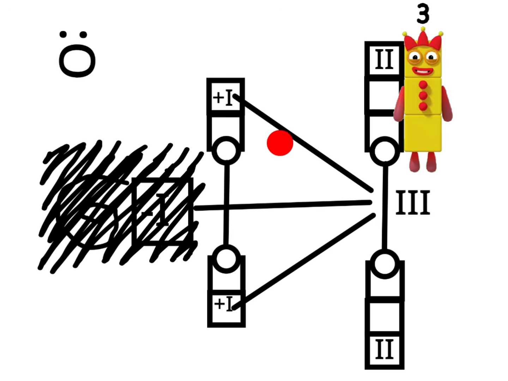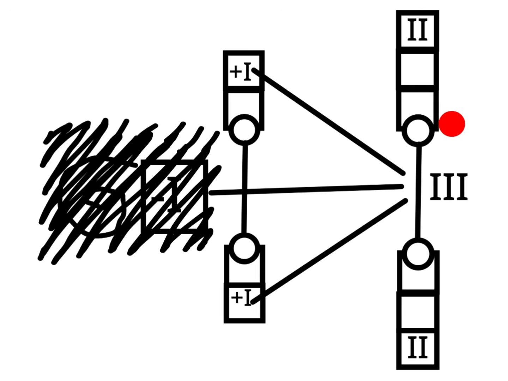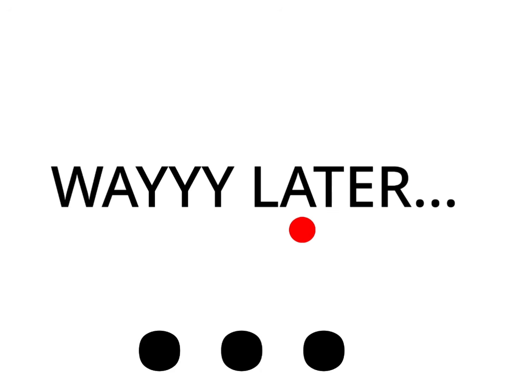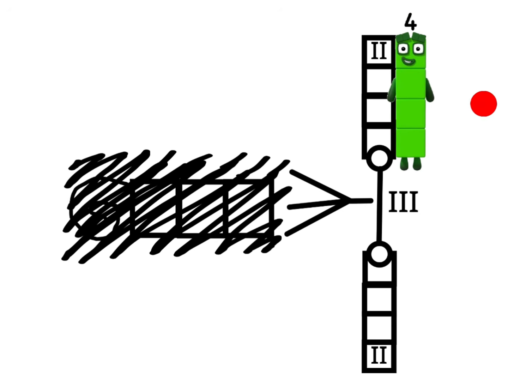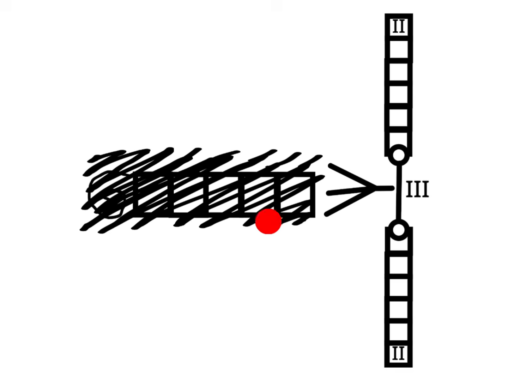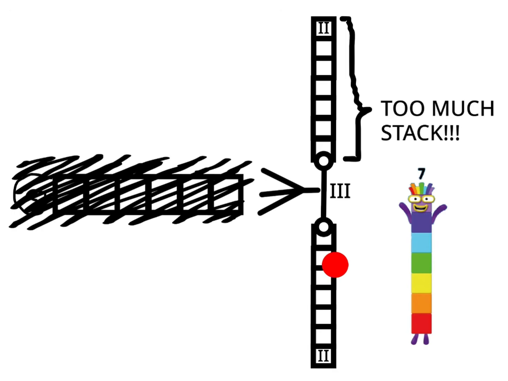So, wowzers. So we do the whole thing all over again till eventually we get to 4 boxes. Wowzers, it's number block 4. Yay. So now we can have 5 boxes and 6 boxes and 7 boxes. But now we have too many.